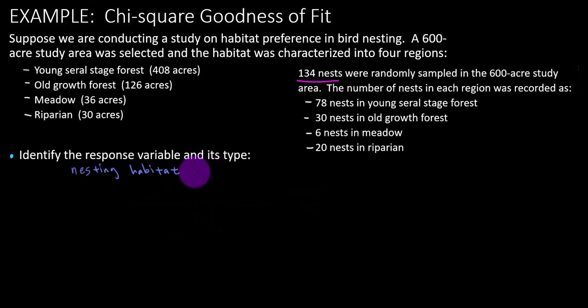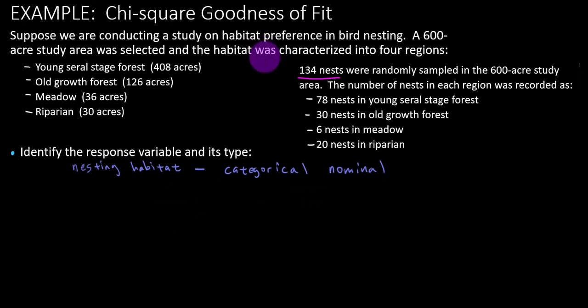So the type of variable that this is, that is categorical, right? And furthermore, these categories such as old growth, meadow, riparian, there's no particular order to them. So this is a nominal categorical variable. We will not be able to use a t-test here. We're not measuring averages or standard deviation of our response variable.